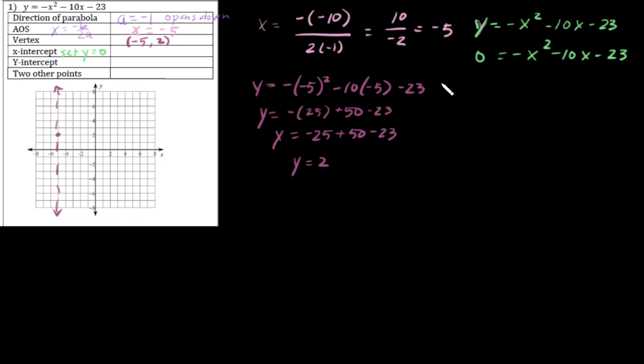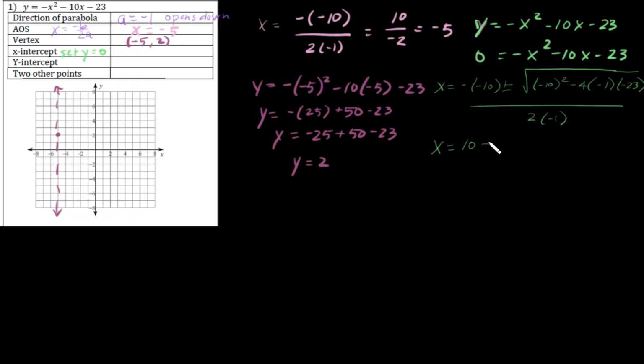Okay, so x equals -10 plus or minus the square root of -10 squared minus 4 times -1 times -23, all over 2 times -1. So we get x equals 10 plus or minus the square root of 100.